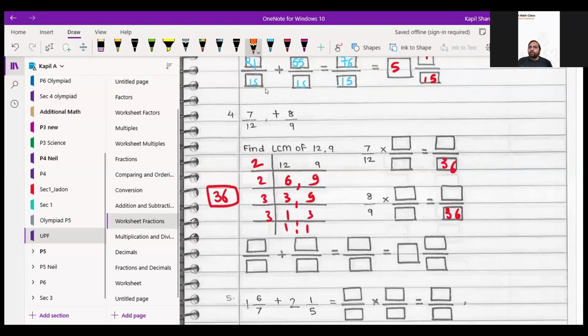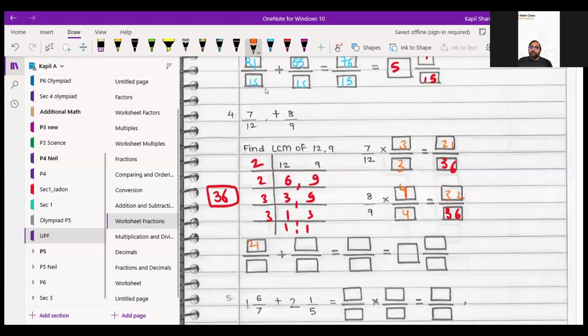Okay, Swastik, let's see. So the first fraction becomes 21 upon 36. The second one is, Swastik, you made a mistake. How did you get 51?